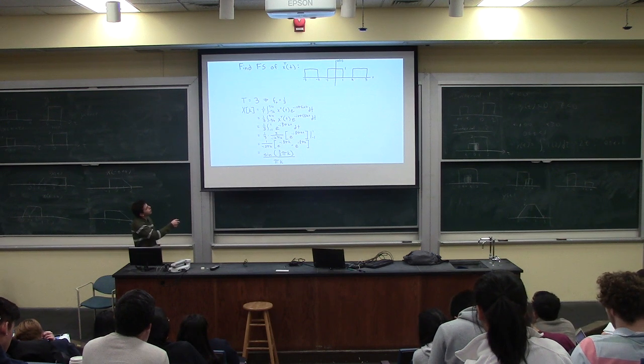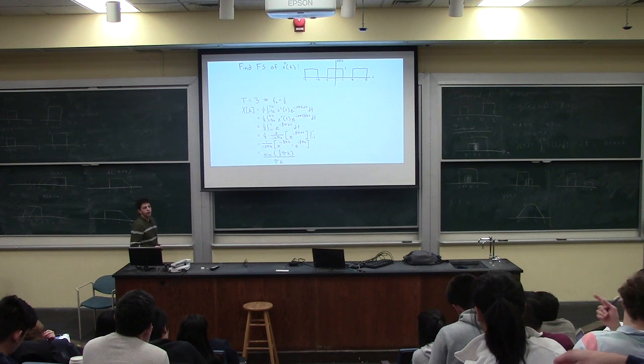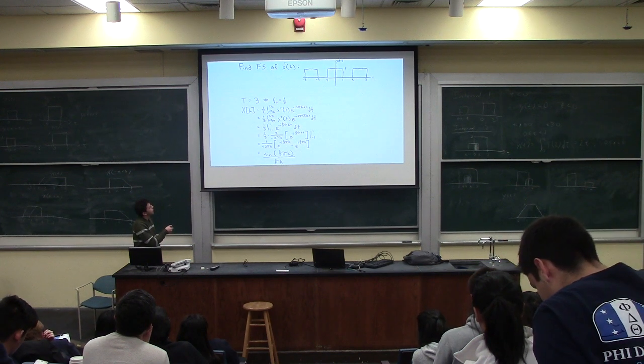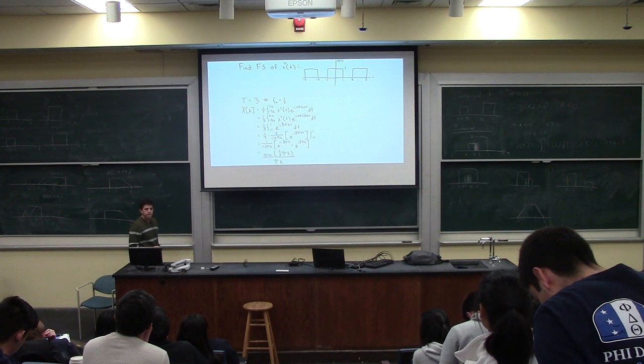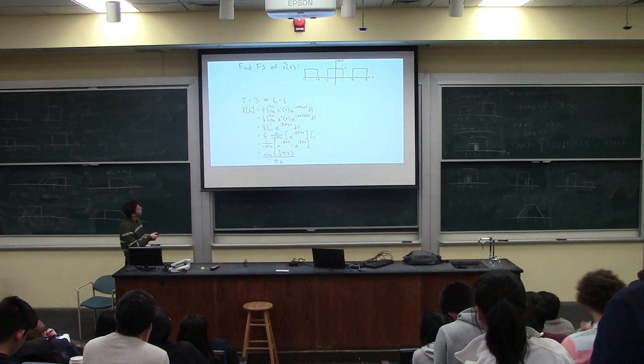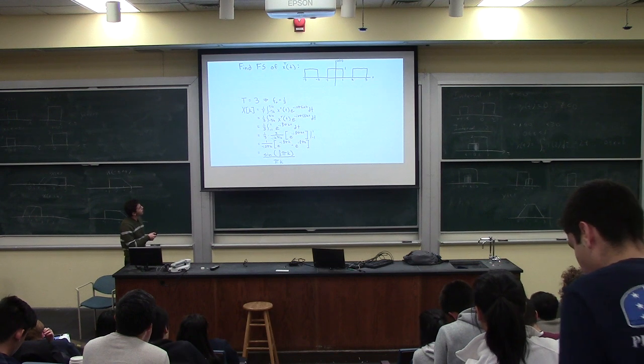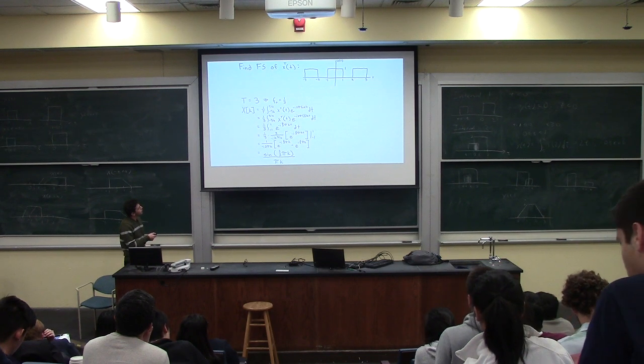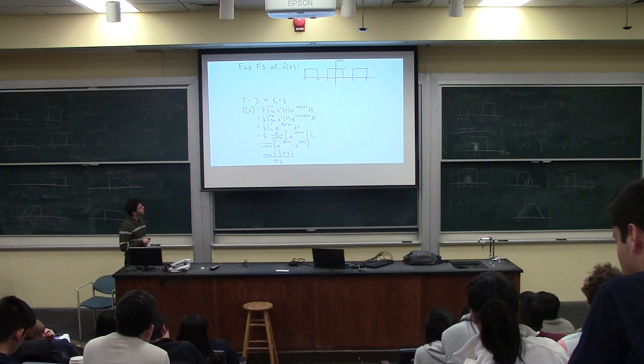It's only a value of 1 from -1 to 1. Otherwise, it's 0. So our bounds go from -1 to 1 now, and we just say x of t is 1. Then we simply solve out our integral step by step, and we get to our final answer.